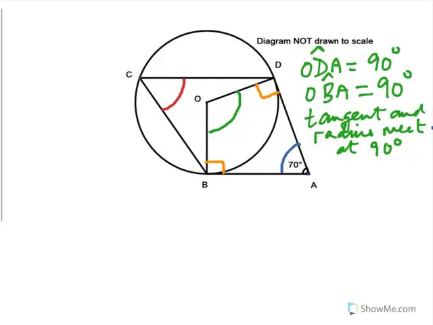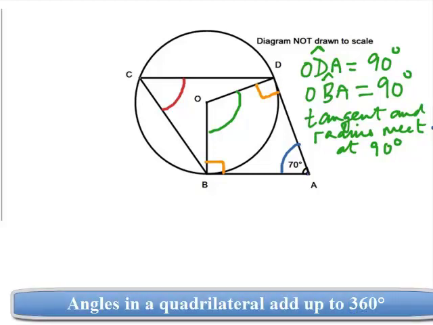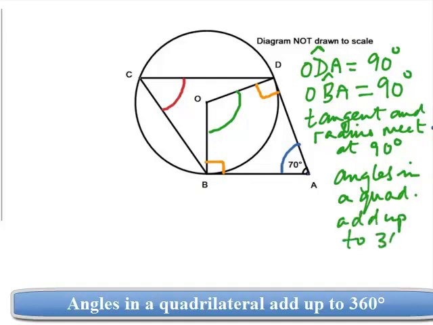Now, what do we know about the sum of the angles in a quadrilateral? Well, I'm talking about quadrilateral BODA. The angles add up to 360 degrees. So, angles in a quadrilateral, I write quad for short, add up to 360 degrees.